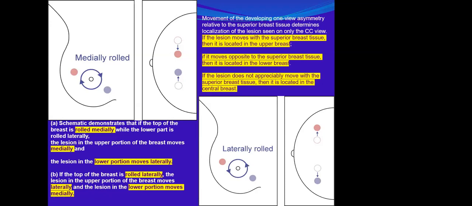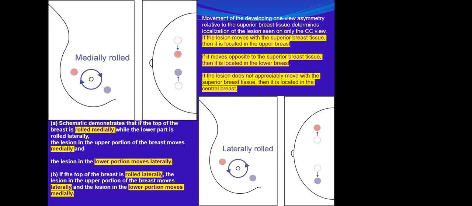If you have a lesion in the superior breast and you roll the breast medially, the lesion will go medial. If you roll the breast laterally, the lesion will go lateral. But if you roll medially and the lesion goes laterally, or the reverse, that means it is in the inferior breast.